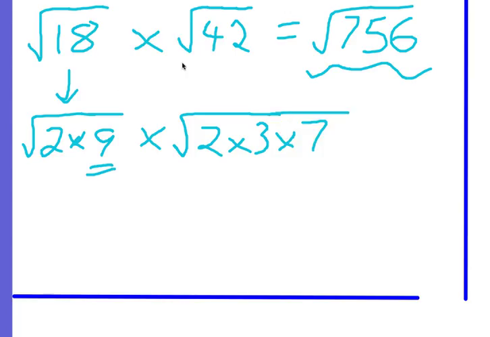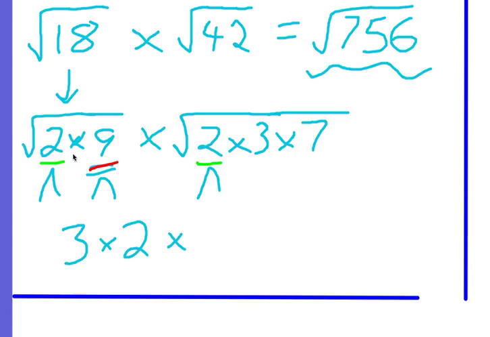Well, looking across, we've got a 2 here, we've got a 9, which is a squared number, and we've got a 2 here. What does that mean? It means this 9 here can just come straight out and become a 3. It means this 2 times 2, which is going to make a 4, can come straight out, as square root 4, as a 2.